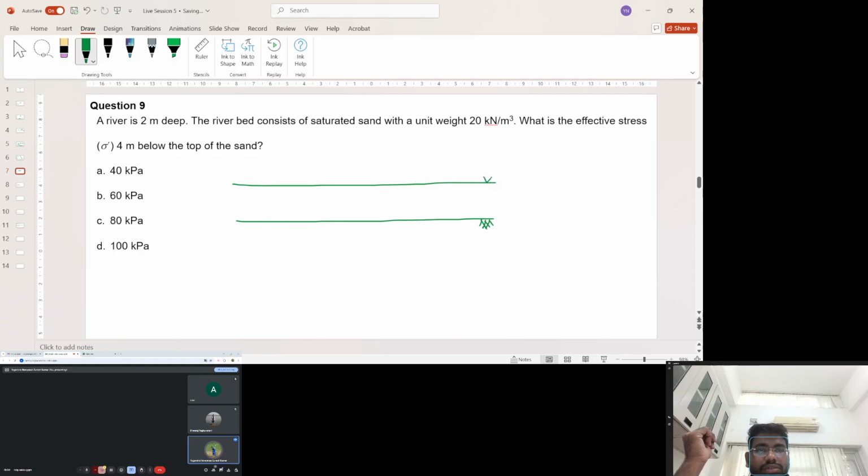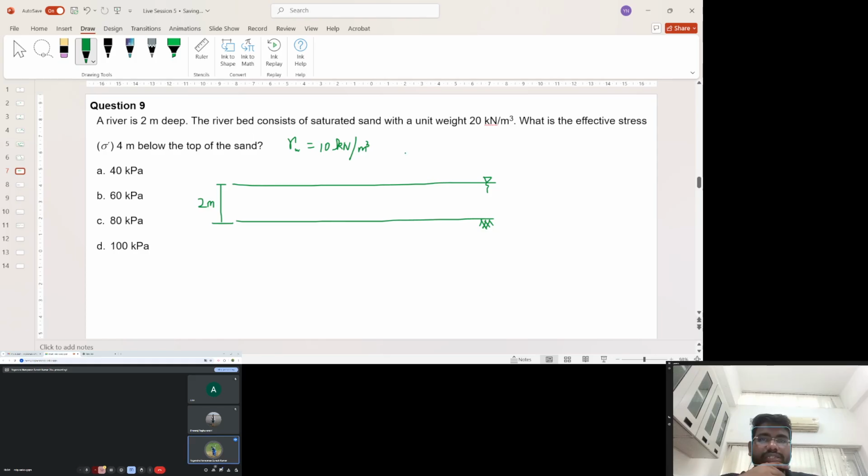This is the water level, and this is the river, and this is 2 meters, right? Now you have the characteristics of sand, and consider gamma W as 10 kilonewton per meter cube, right?